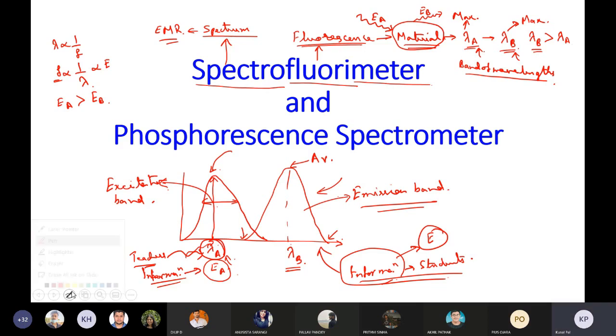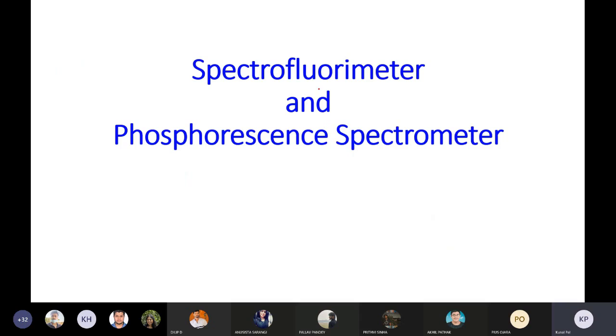Okay, good. So fluorescence is a phenomenon where the matter absorbs some light and then emits another light which has higher wavelength, in other terms lower energy.